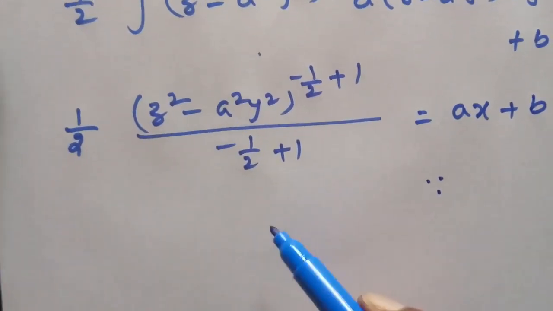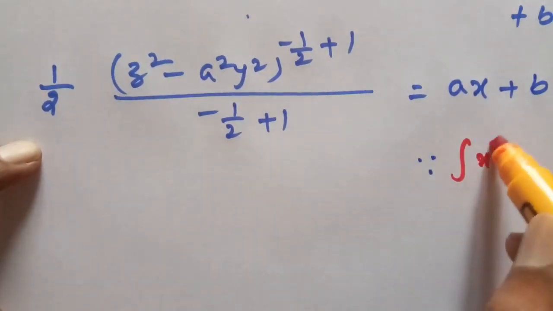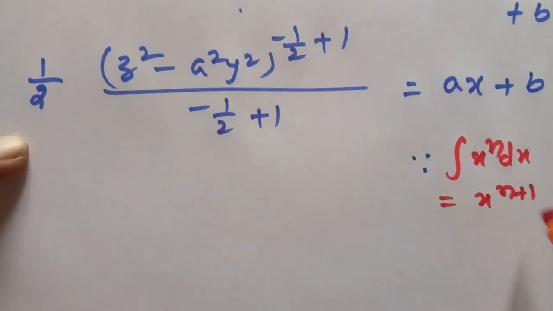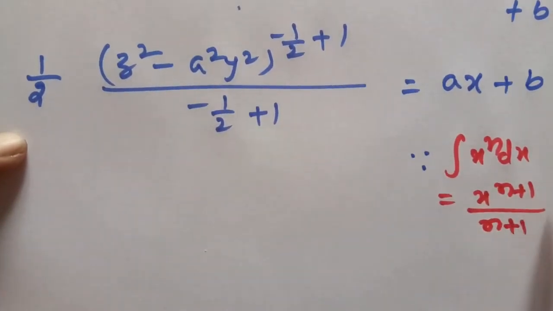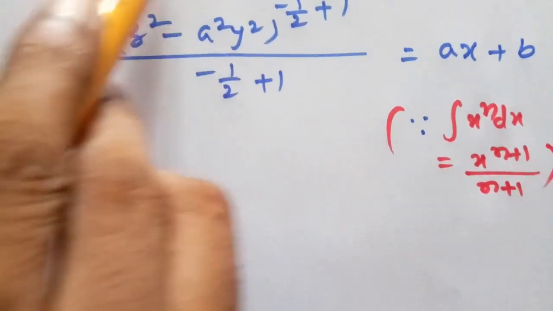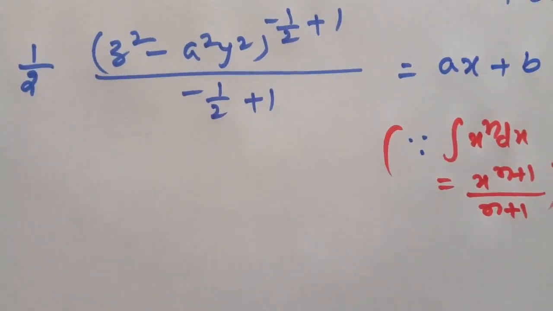Since we used the formula integration of x power n dx is equal to x power n plus 1 by n plus 1, here x is z square minus a square y square and n is minus 1 by 2.